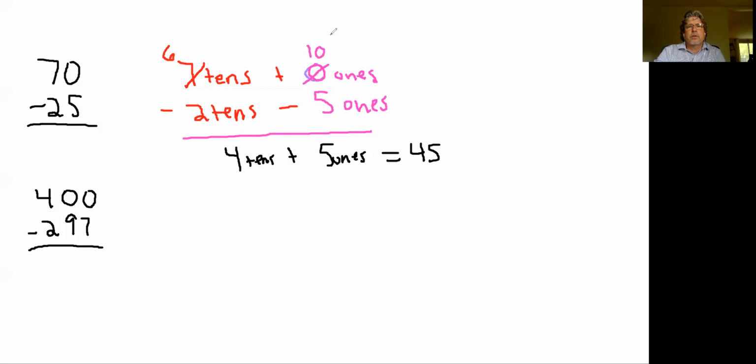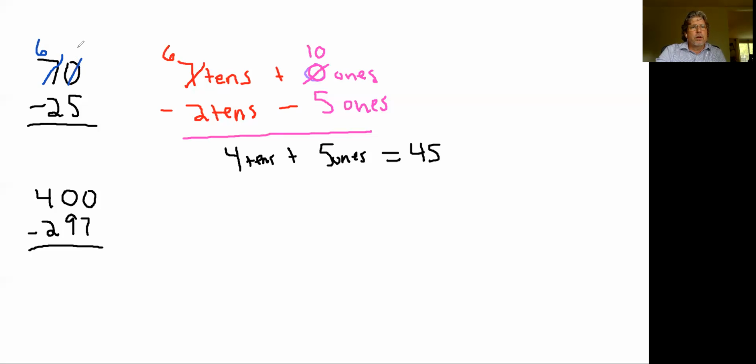So when I look at this example over here, 70 take away 25, since we have 0 ones and we have 5 ones here, we can't take away 5 from 0. So what we do is we come over here to the tens spot, we borrow, we make 7 tens turn into 6 tens, since we're borrowing a ten. But remember, when we move a ten to the ones place, we have to use ones place value thinking.